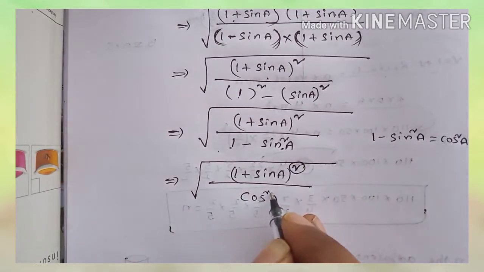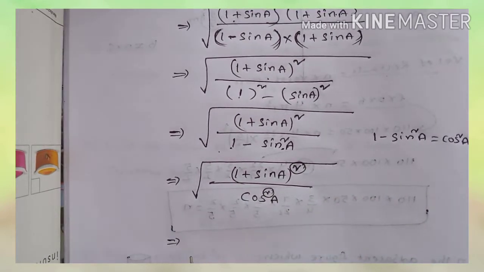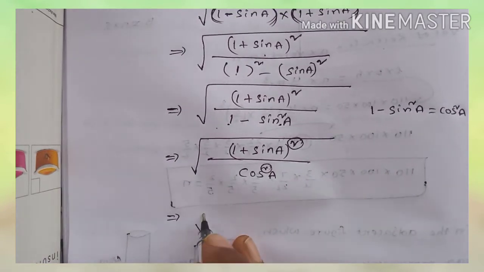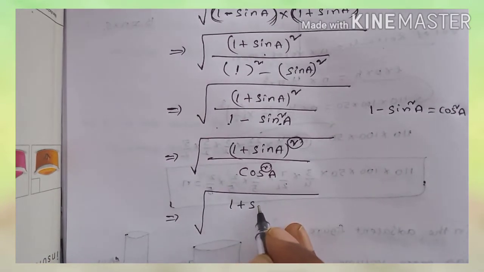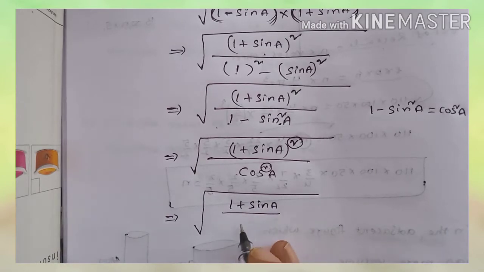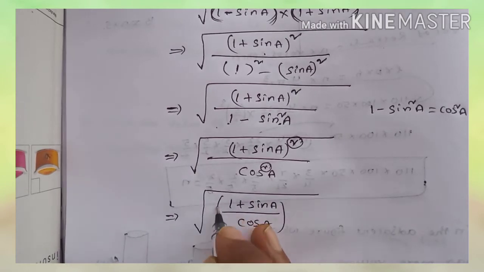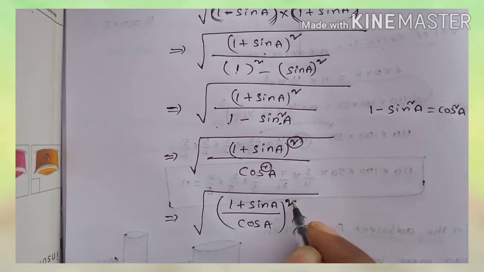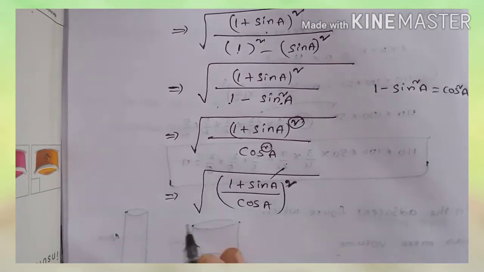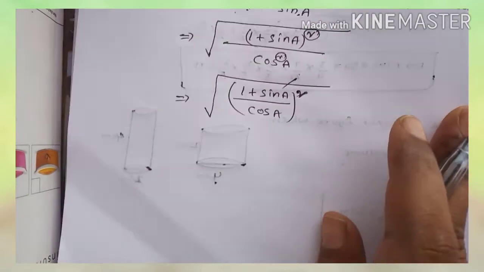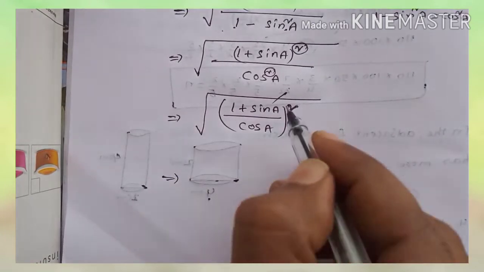Numerator has a square, denominator also has a square, so we have to apply the whole square for the term. So (1 plus sin A) by cos A whole squared. The square root cancels, and what remains? Root cancels, no?